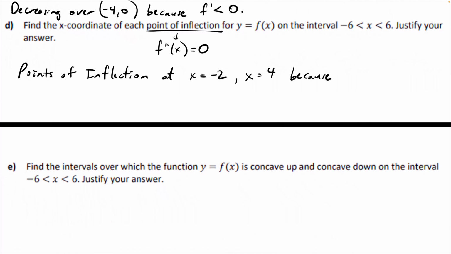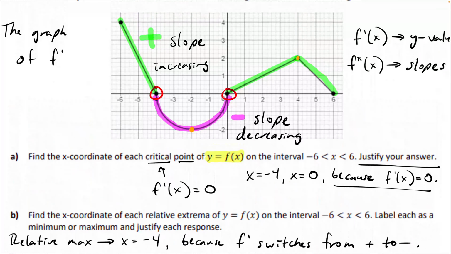Why did we pick those two spots? The slope was 0 at -2. But what did the slope do at 4? It made a corner.